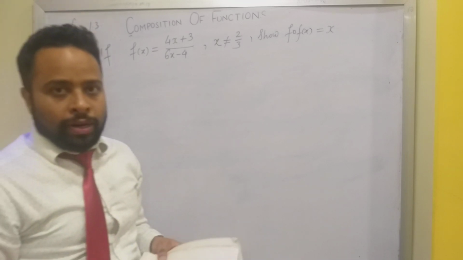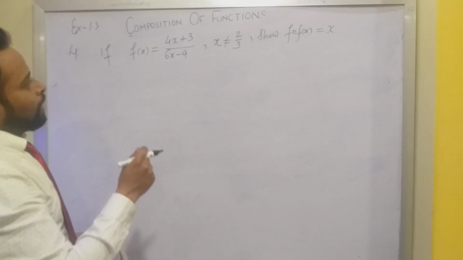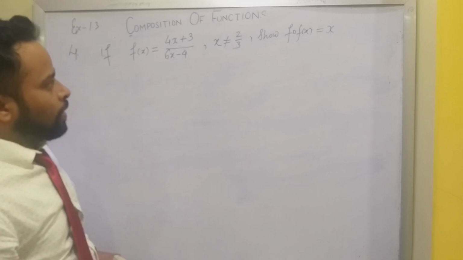I have not started invertible functions, so let me conclude till here only. Now f of x is 4x plus 3 by 6x minus 4.